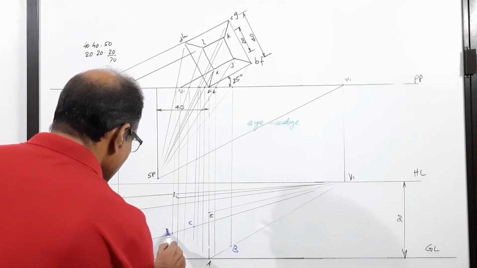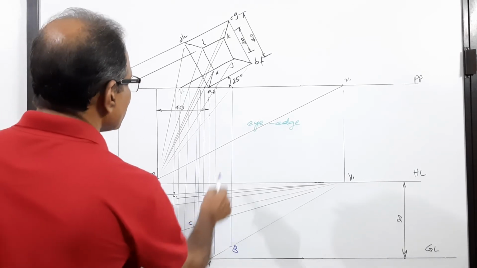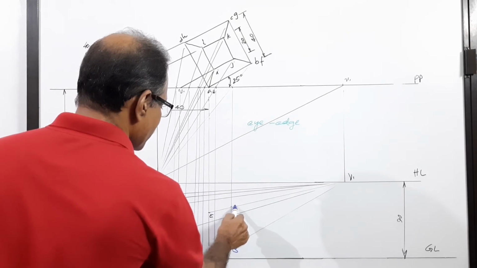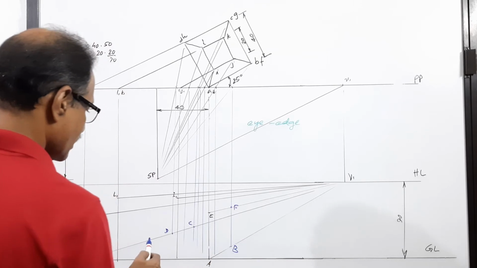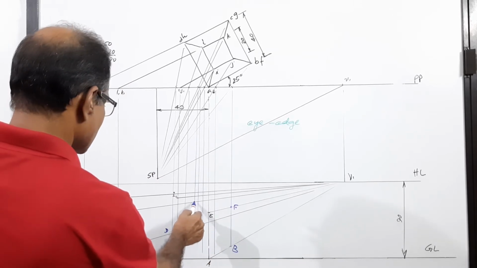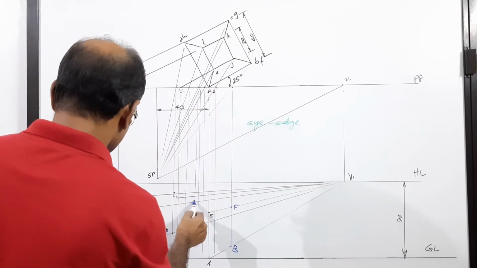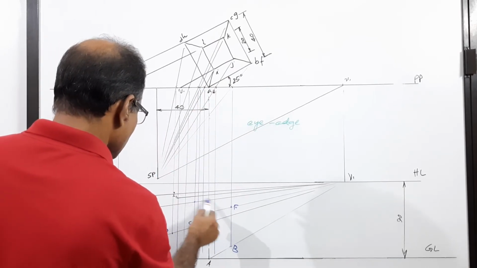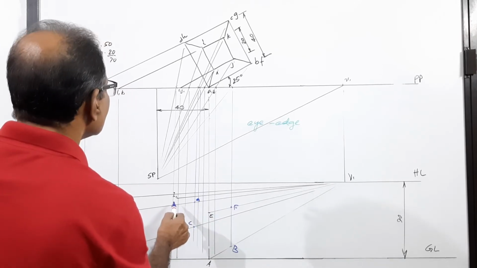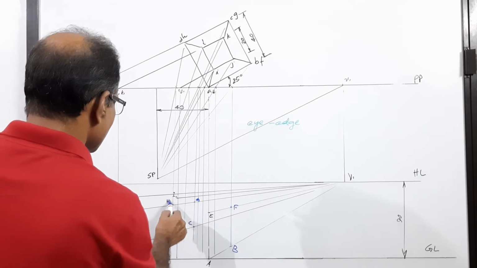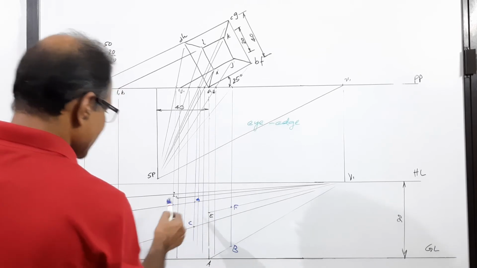This is D. A, B, C, D. Okay. Then this is E. What is this? F. What is this on the intercept of G? F, G. What is this? H. A, B, C, D, E, F, G, H.